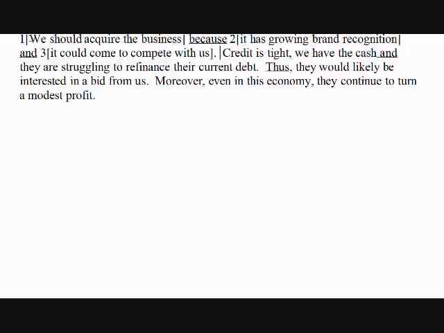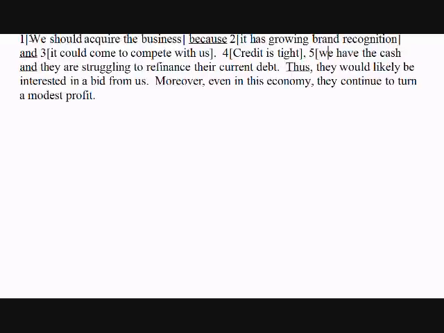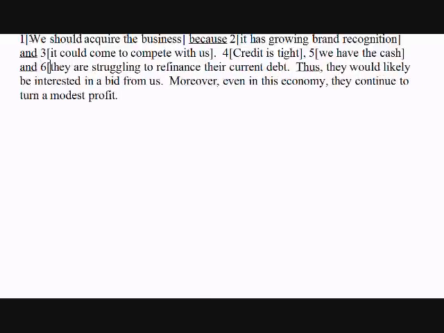Now, credit is tight. That is a claim. We have the cash. That's another claim. They are struggling to refinance their debt. Another claim.